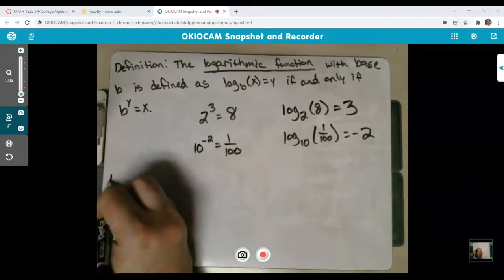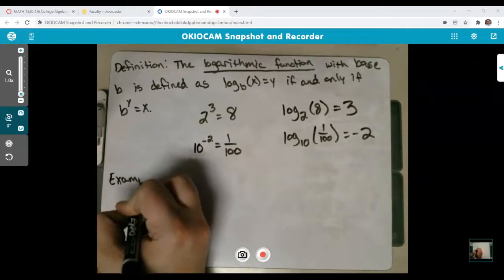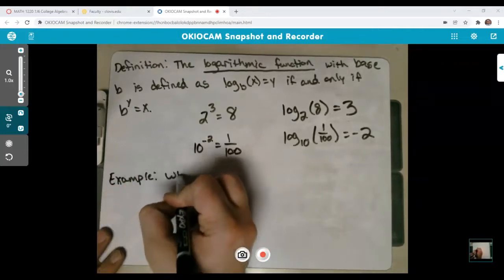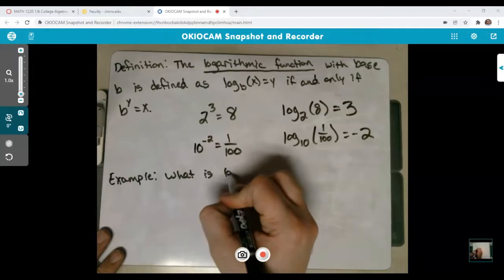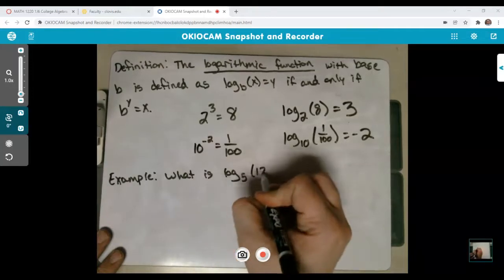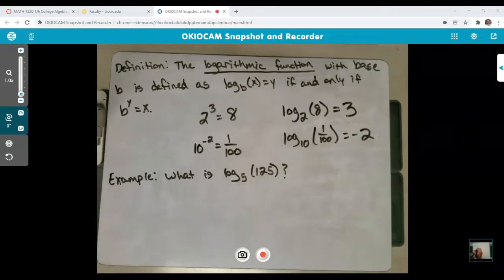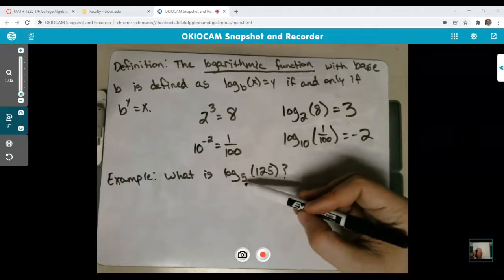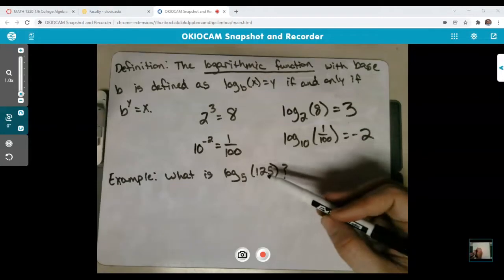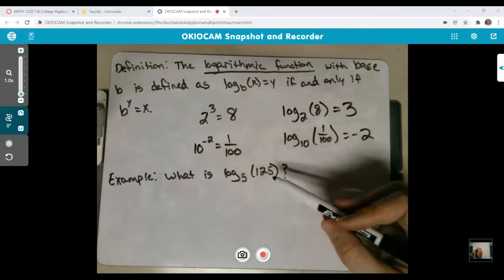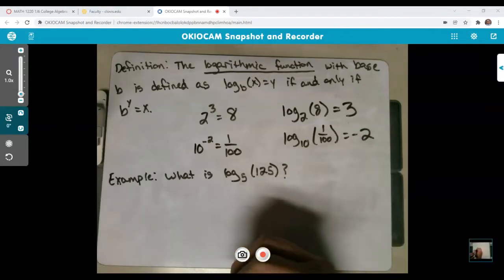So if I were to ask, for example, what is log base 5 of 125? What I really want to know is what power do I raise 5 to give me 125? Well, I know that's 5 to the third.